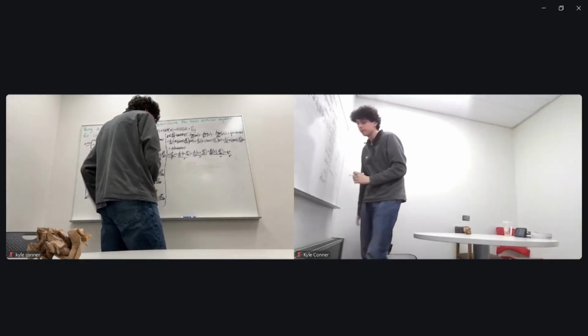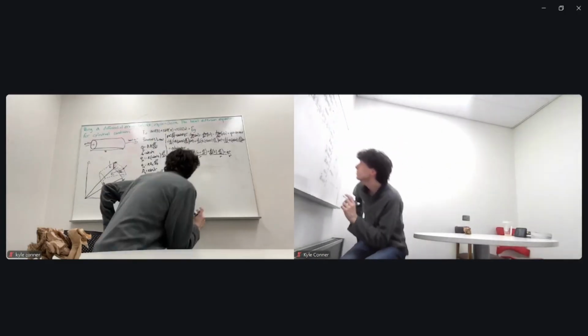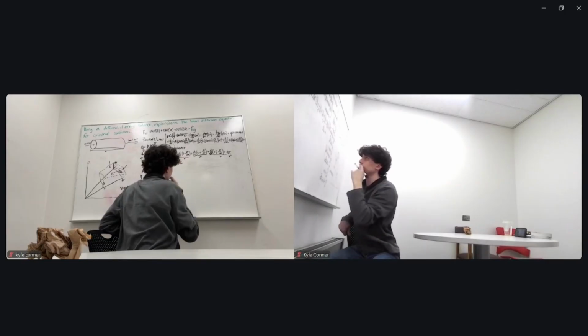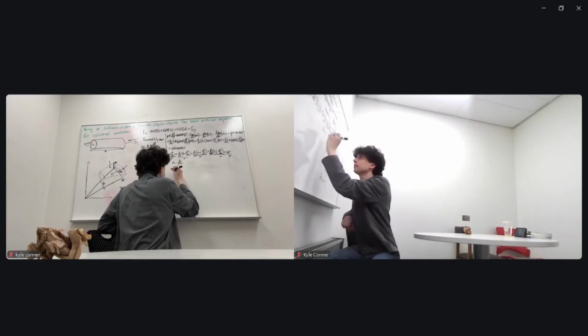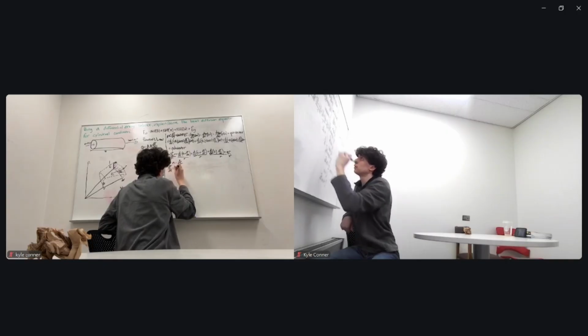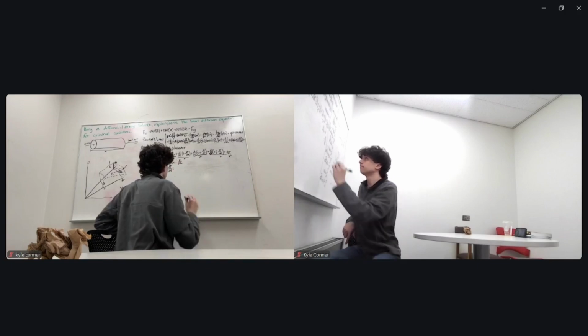And then additionally, at the same time, if we remember, our thermal diffusivity is equal to K over density times heat capacity. So we're going to try to separate out that derivative of temperature with regard to time.